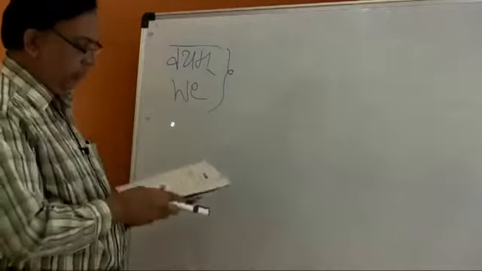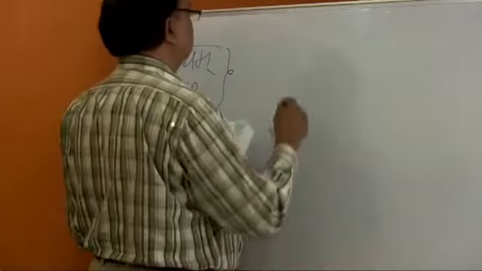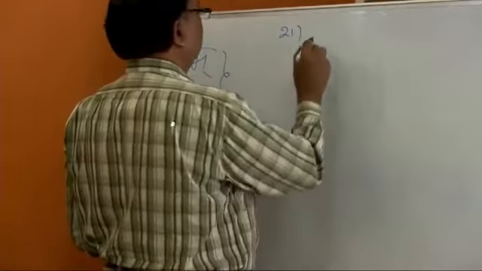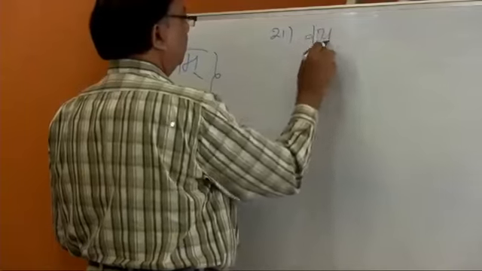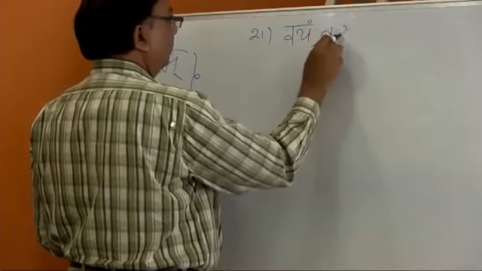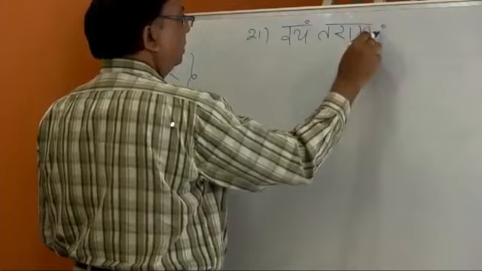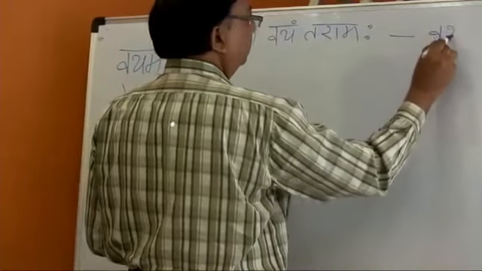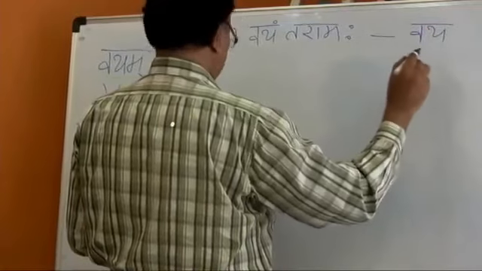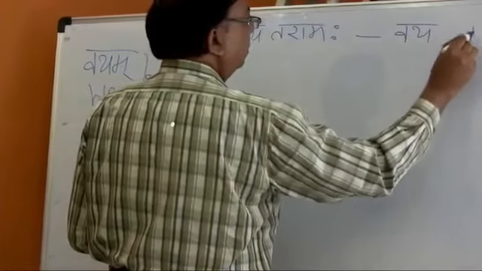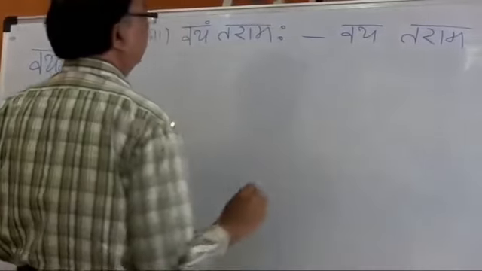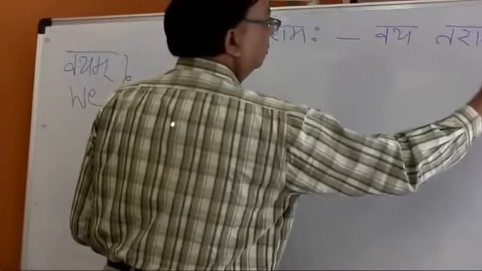And the 21st sentence is like this. Vayam taramaha. This is the present tense. Already given, tarama. Here also simply dropping the visarga makes it imperative mood.